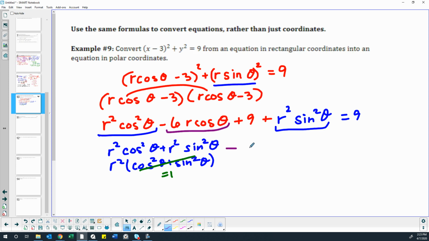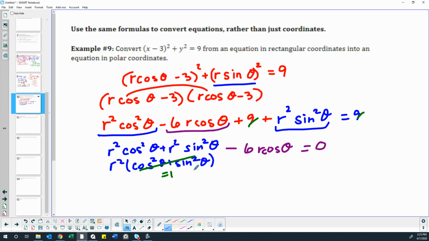Now that we've skipped this other piece, let's put that in here. So minus 6r cosine theta. I left out the r for some reason, I don't know why. And then there's a plus 9, but there's a 9 on the other side as well. So what if we move that 9 over with that 9? We get 0.